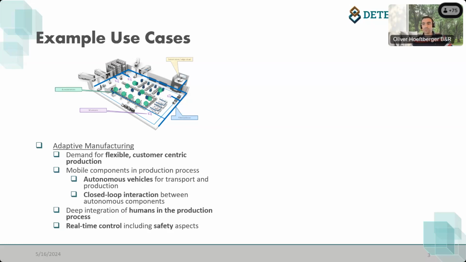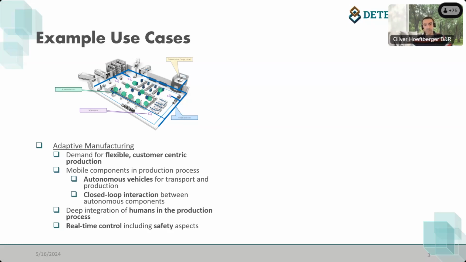In the production, we of course will need many mobile components, like the automated vehicles for transporting, but also for production. And what's really important in these use cases is to really close the control loops over the wireless network, which is quite challenging.